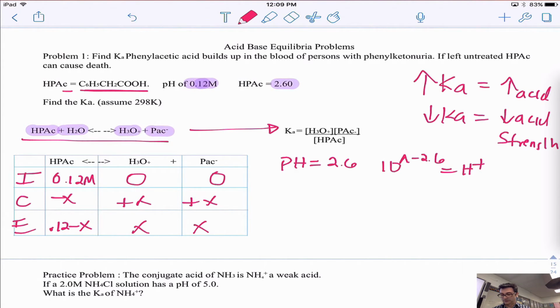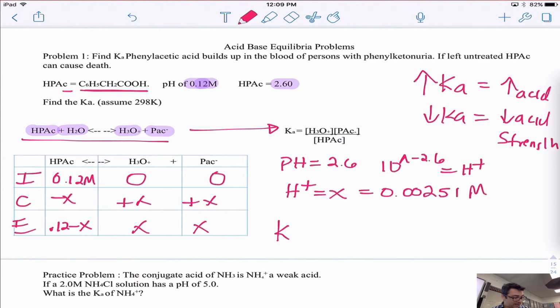We're going to do 2.6 negative, and we're going to do 10 raised to that. And so we're going to get that our H+, which is equal to our x value over here, is equal to 0.00251 molar.